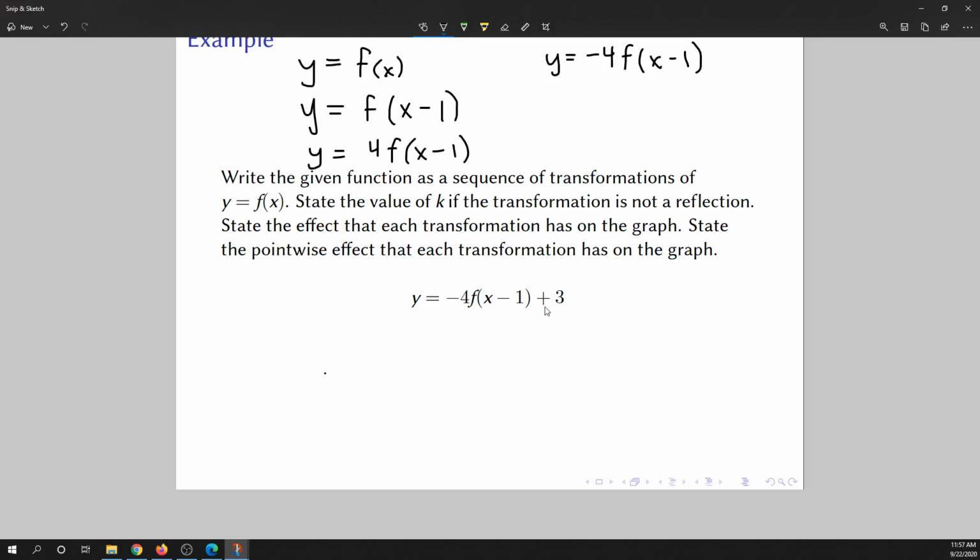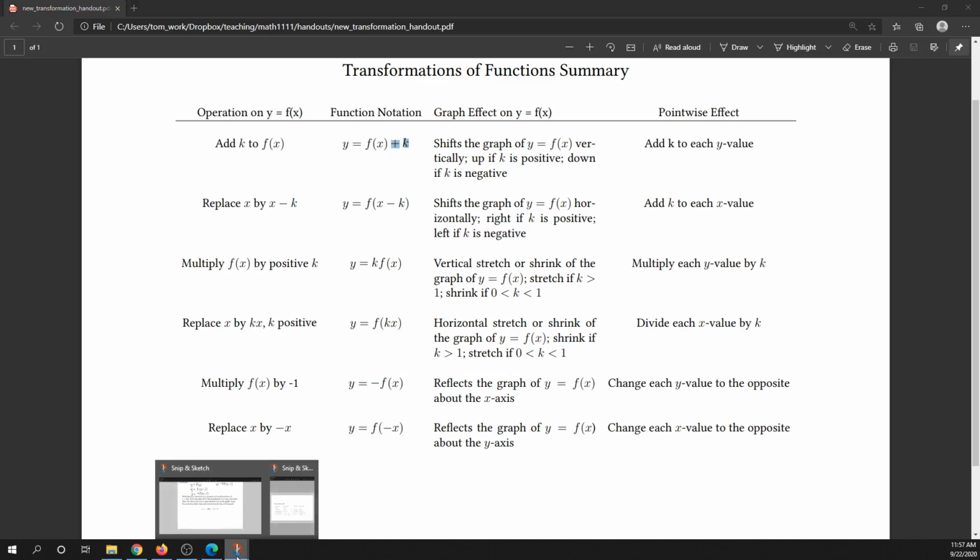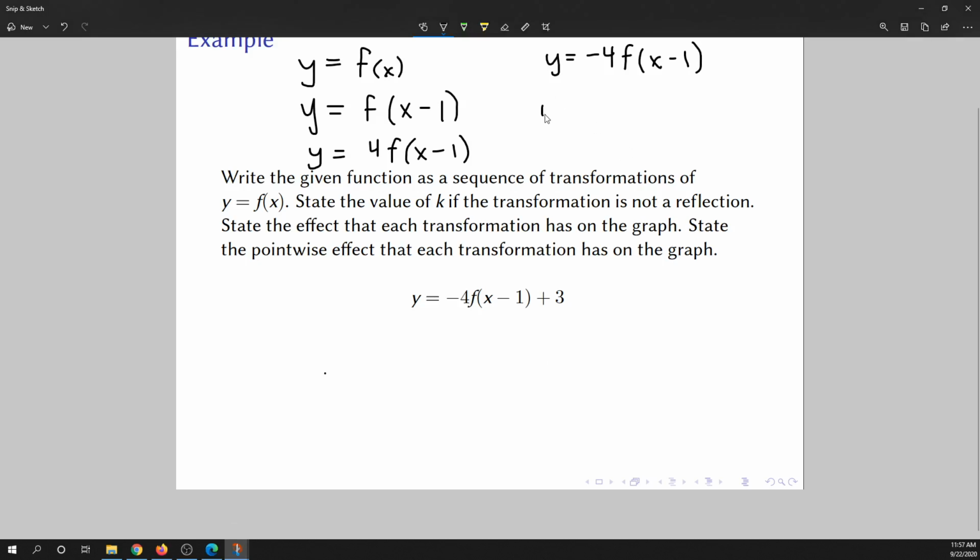And in fact, the only thing I have left to do now is this 3. And if you look at that transformation of the 6, it's this one right here, where I'm just adding a number to the function. Okay, so I get y equals minus 4 f of x minus 1 plus 3. Okay, like that. And you can see I am where I need to go.